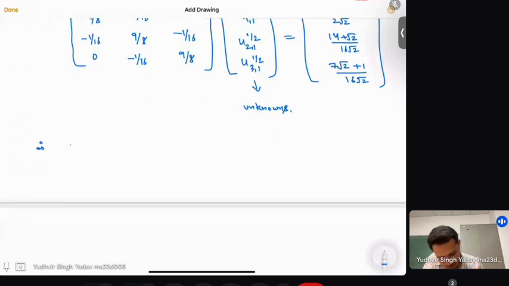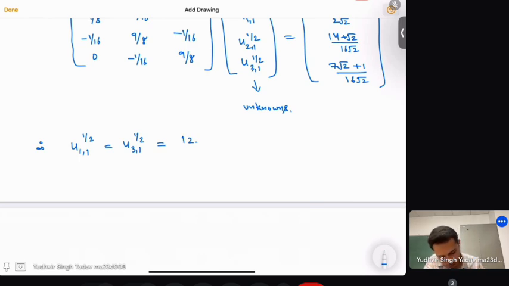So the final answers are obtained as u(1, 1.5) and u(3, 1/2) are obtained as, sorry, it is 127 plus 16 root 2 divided by 322, which in decimal form is obtained as 0.46468.